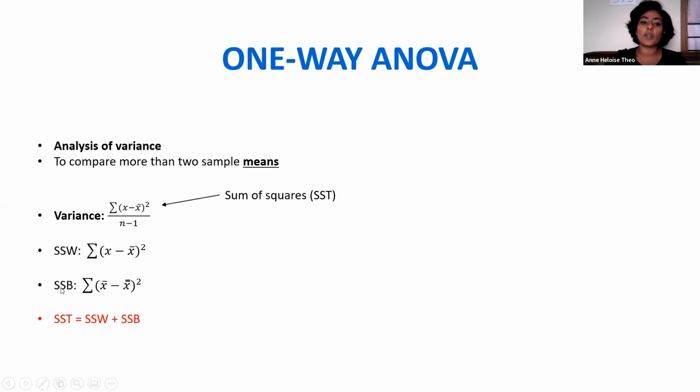Then we have sum of squares between groups. Between groups would be the mean of the group minus the global mean. The global mean is the mean of all of the samples. So let's say we had 5 samples from Altai, 5 samples from Bakan, and 5 samples from a hypothetical third population.